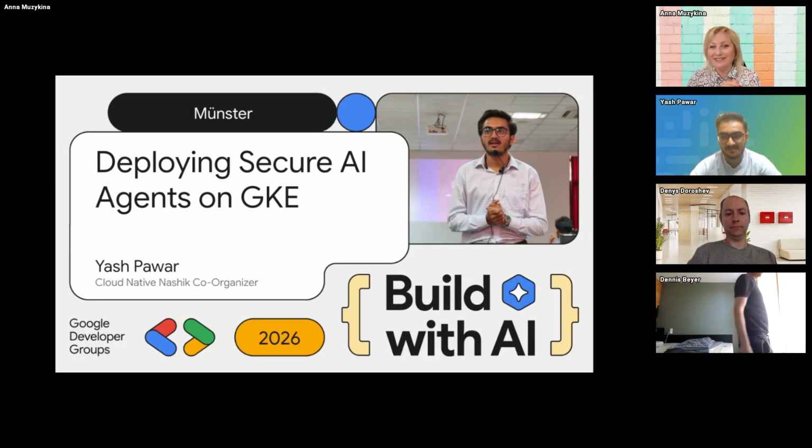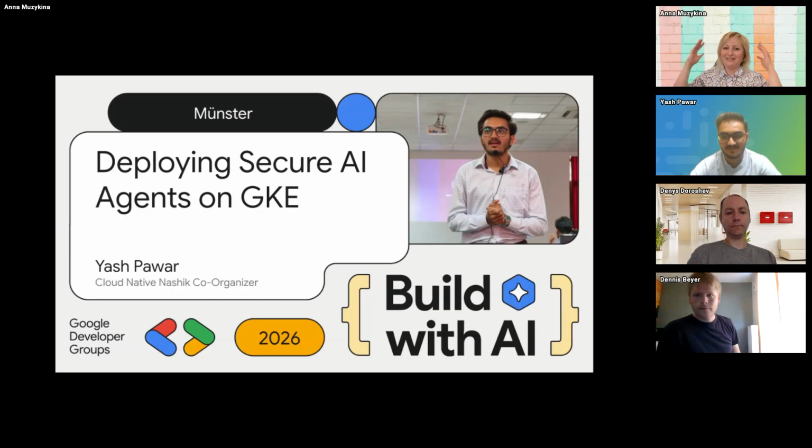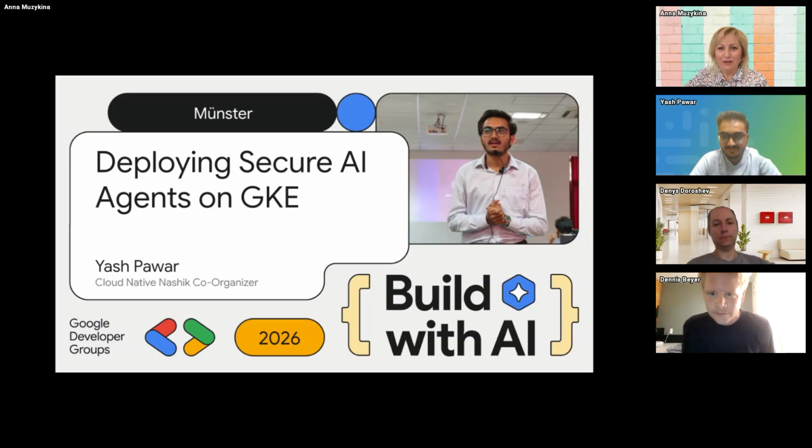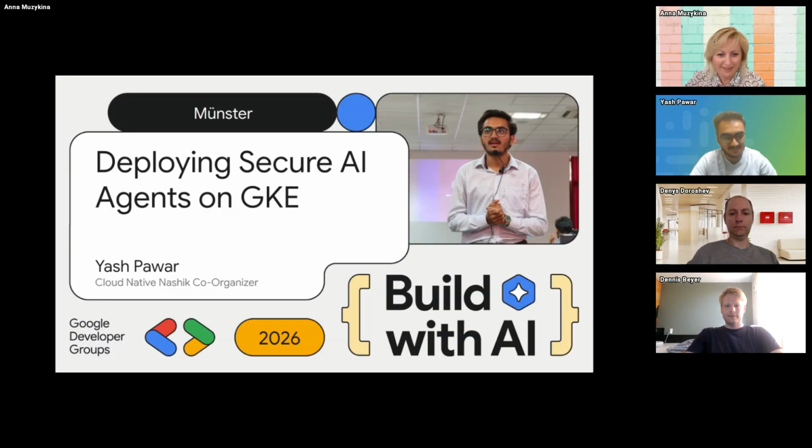No one is even thinking about security. They just describe the idea of what they want to create and forget about everything. So you are welcome, and let's talk about how we can deploy secure AI agents and what we need for this.